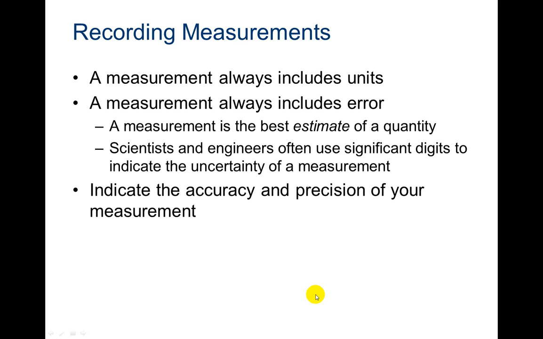Well, what happens if it goes right on the mark, or it's just slightly over? We're going to estimate that final number, and that's what they mean by error. There's room for error. Also, like the smoot, they said plus or minus an ear, right? So that's that room for error, or that estimated quantity. And that's why scientists and engineers often use significant digits to indicate the uncertainty of a measurement. Right? It indicates the accuracy and precision of your measurement.